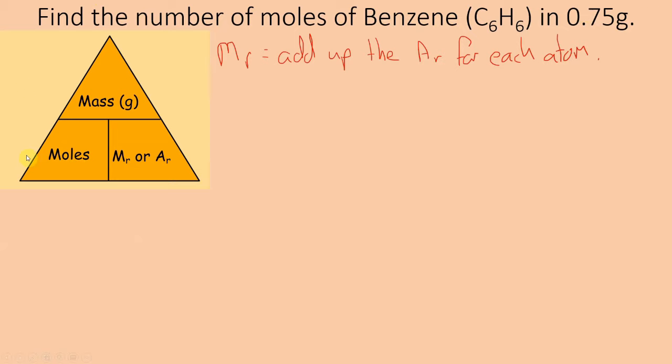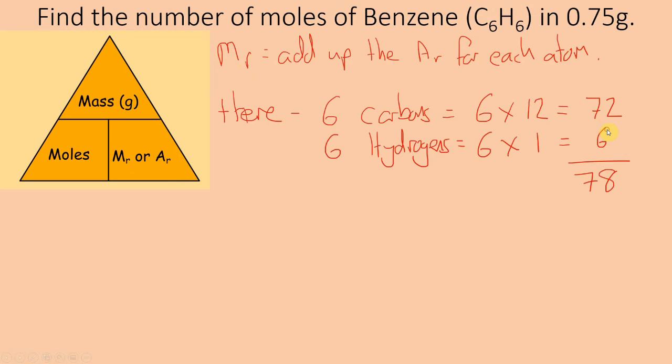So I'll put this triangle up, hopefully you've seen this before, this is one taken from the lessons I teach. The first thing we've got to do is find out the MR. MR is the molecular mass, or AR the atomic mass. So that's an atom and that's a molecule. For the MR of benzene, we've got to add up the relative atomic masses for each atom inside benzene, which is why they've given you this molecular formula.